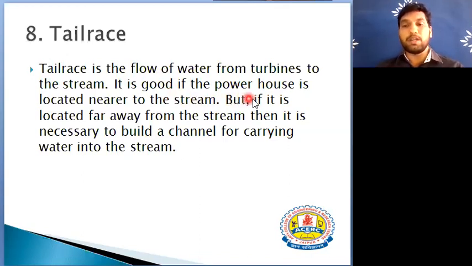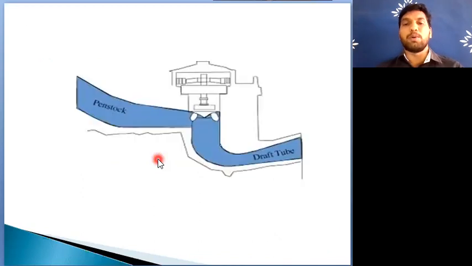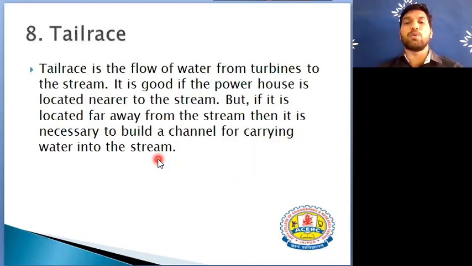But if it is located far away from the stream, then it is necessary to build a channel. If it has to be merged into another channel, then we have to provide a channel for carrying the water into the stream. So this is all about the major components of a hydroelectric power plant.